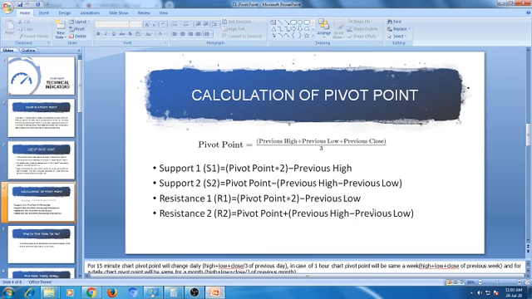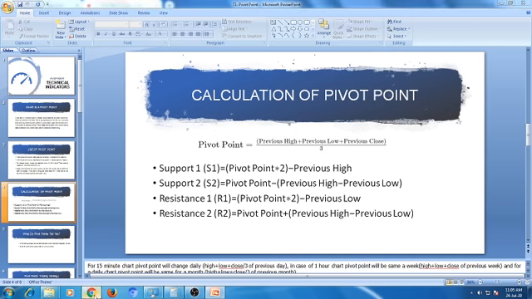You can also calculate the support 1, support 2 and R1 and R2 levels. You can calculate the S1, S2, R1, R2 levels in a similar way on the chart.